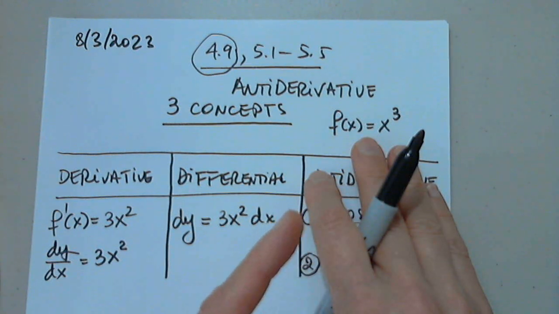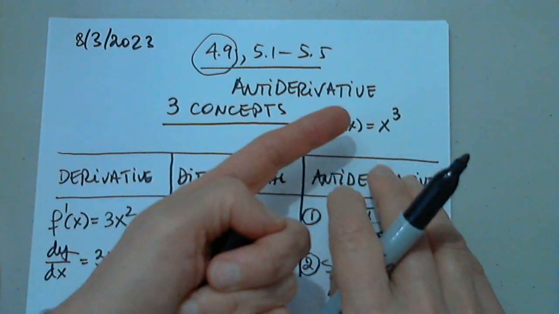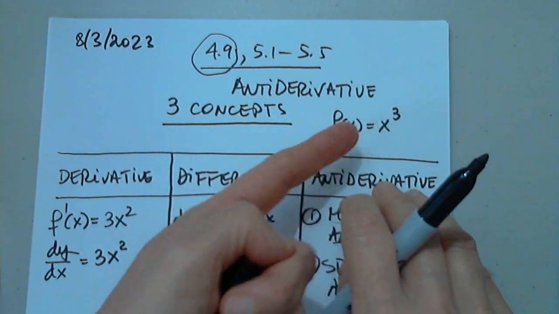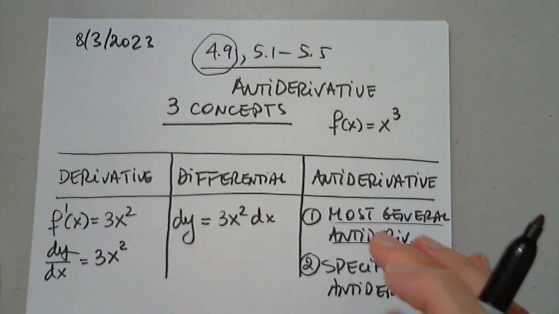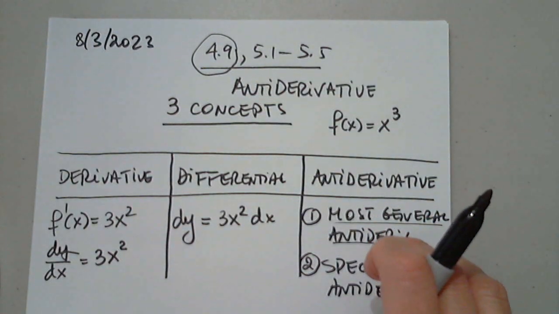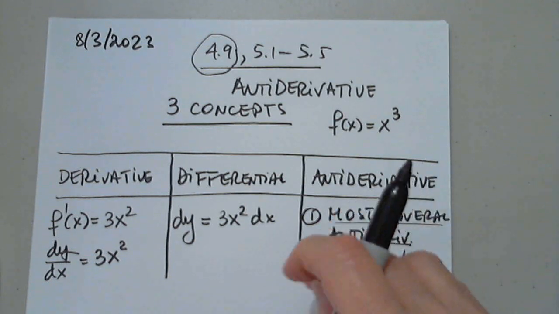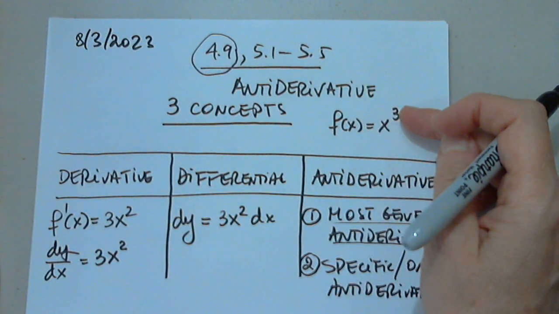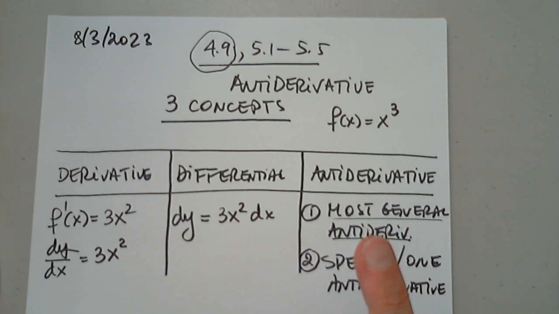Yes, I'm talking about functions whose derivative is x to the third. This is what the antiderivative means. By the most general antiderivative, we will determine all possible functions whose derivative is this function, or we can be asked to determine a specific one.